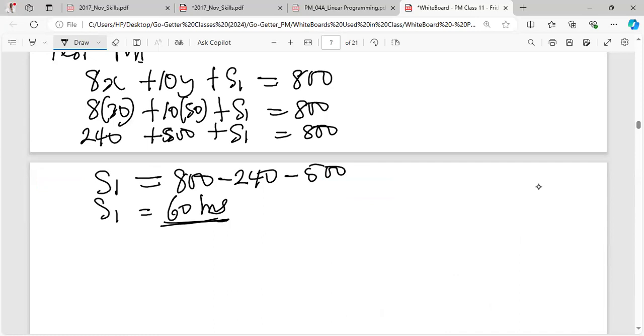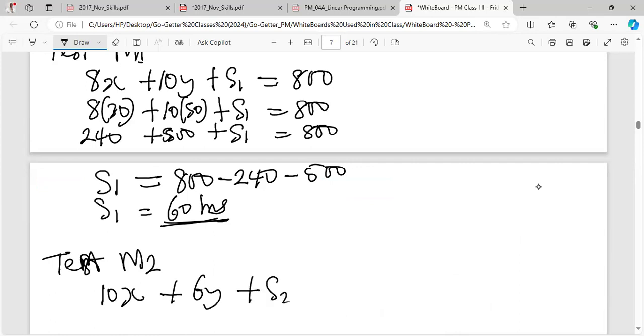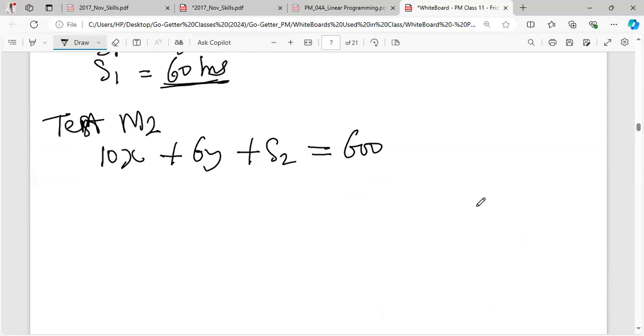So we test M2, and our M2 happens to be 10x plus 6y plus S2, which gives us 600. X is 30, Y is 50.